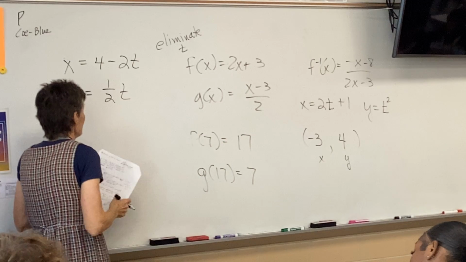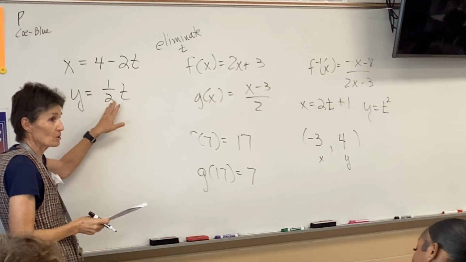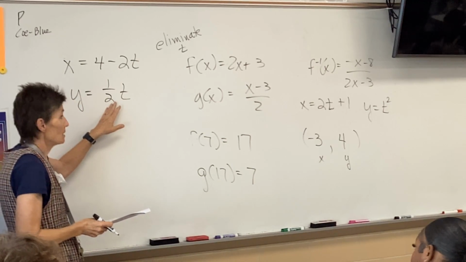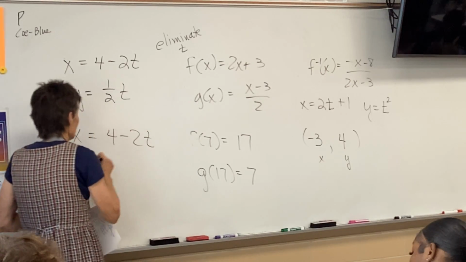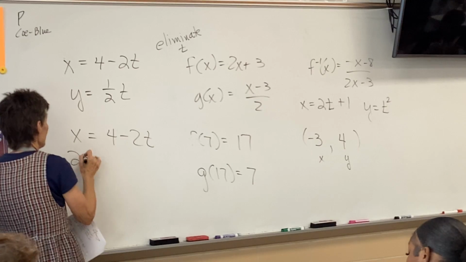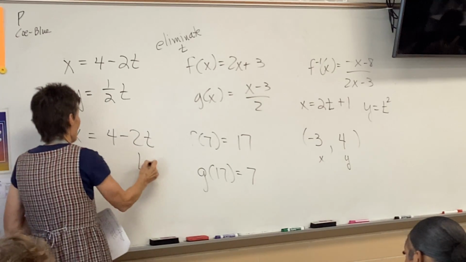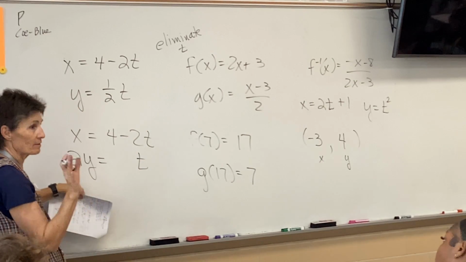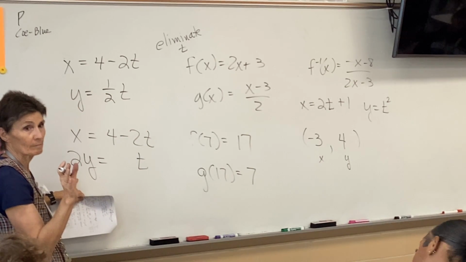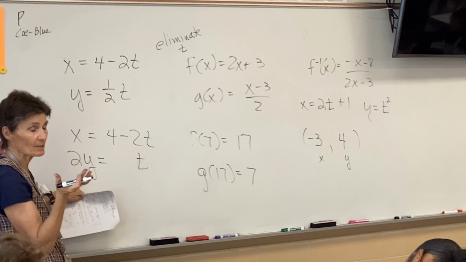Now, I don't know about you, I don't like this fraction here. So I'm gonna write my first equation like it is. This one, I'm going to multiply by 2, so that I don't have to try to eliminate with a fraction. You can if you want, but I just don't wanna mess with it.